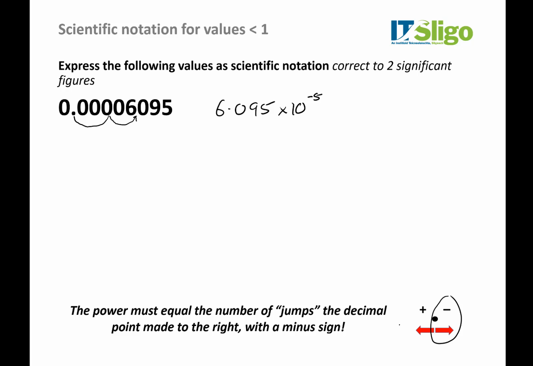Finally now, guys, correct to 2 significant figures. There's my first significant figure. There's my second, the 0. We look over. So that means the 0 gets rounded up to a 1.